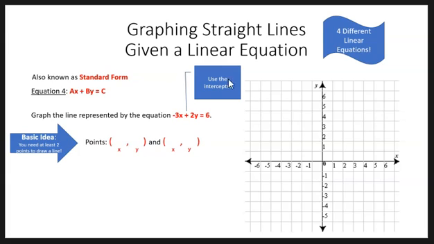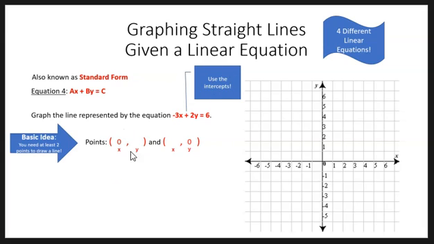What is interesting about these points, the intercepts, is that 0 is always one of the coordinates of the points. So I'm going to assign 0 for the x coordinate of my first point, and in my second point, I'm going to assign 0 for the y coordinate. Every time 0 is one of the coordinates of a point, you're working with the intercepts.